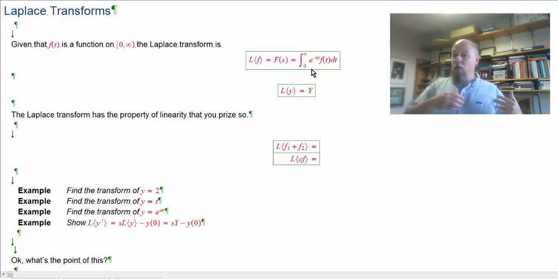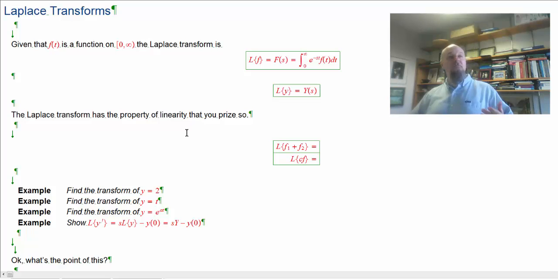There are no t's in the Laplace world. All of the independent variables in the Laplace world are s's, and all the dependent variables are capital letters by our convention. So the Laplace of little y is equal to big Y. This would be little y of t, and that would be a big Y of s, a function of s.